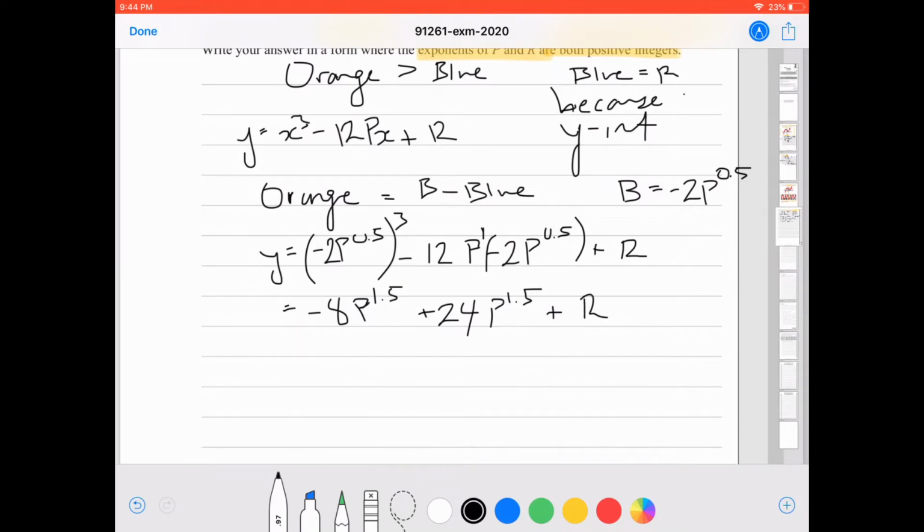Now we've actually got like terms here, minus 8p to the power of 1.5 plus 24p to the power of 1.5. So we can add them up, and we can say 16p to the power of 1.5 plus r. And now we will look towards what we were getting at before about orange equals B minus blue. Okay.